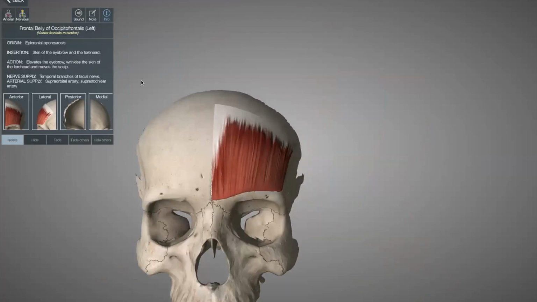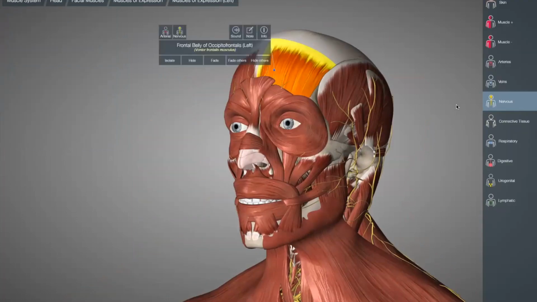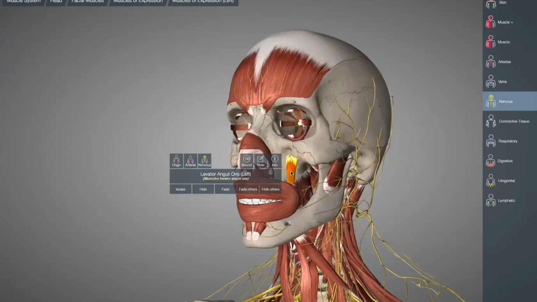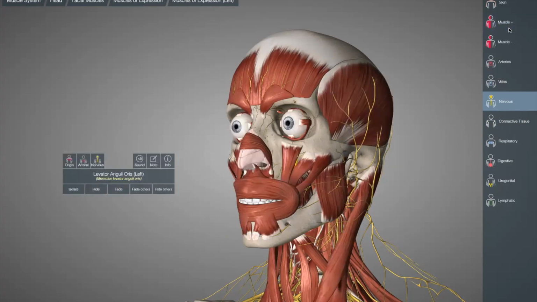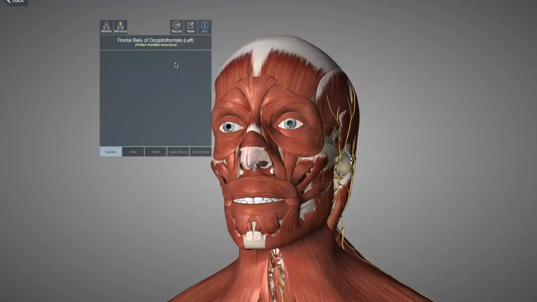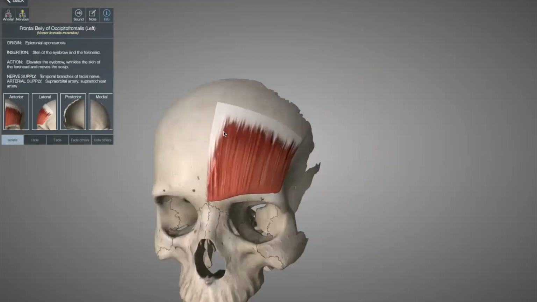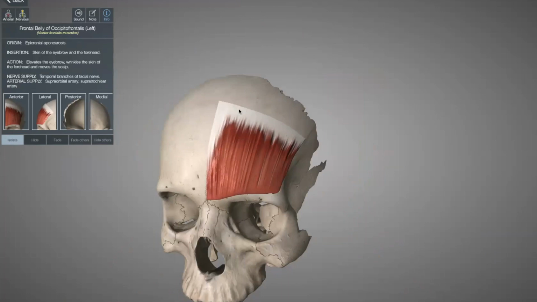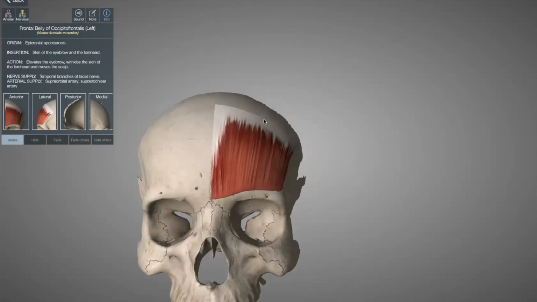It originates from the epicranial aponeurosis and inserts into the skin of the eyebrows.